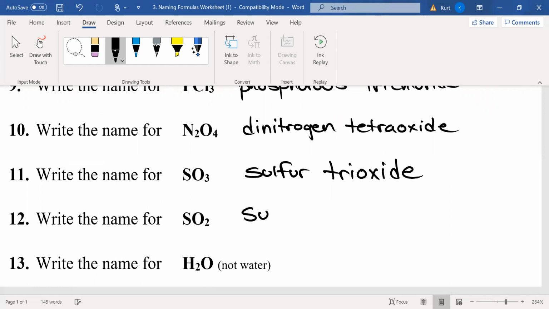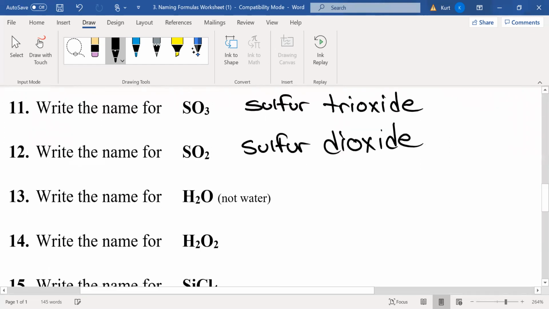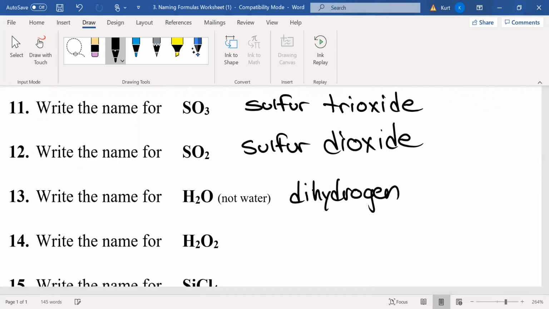Sulfur dioxide. How about H2O, David? Dihydrogen monoxide. Now, do you want to say monooxide or monoxide? Monoxide. The only time you really have 2 vowels of the same one next to each other is triiodide. Everything else, you don't have 2 of the same.